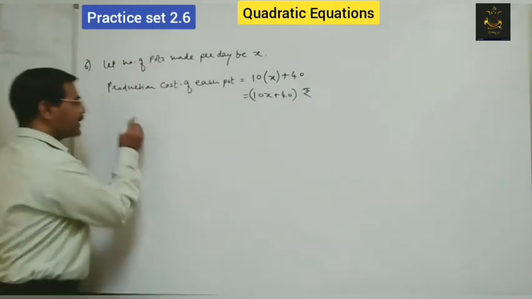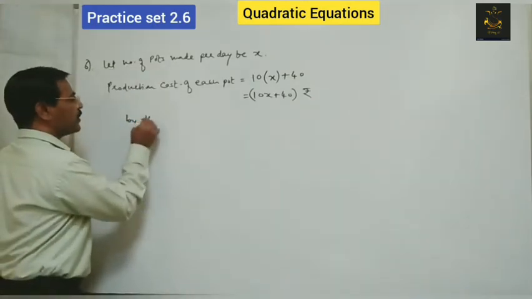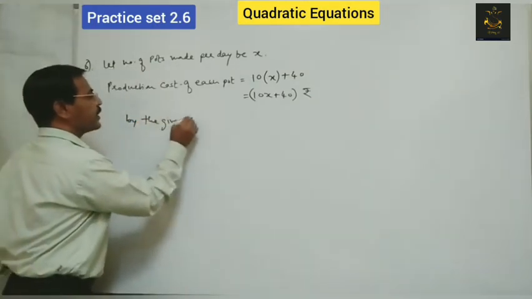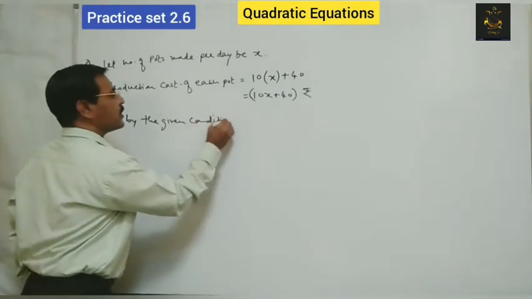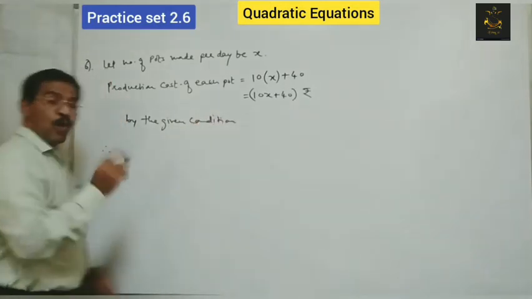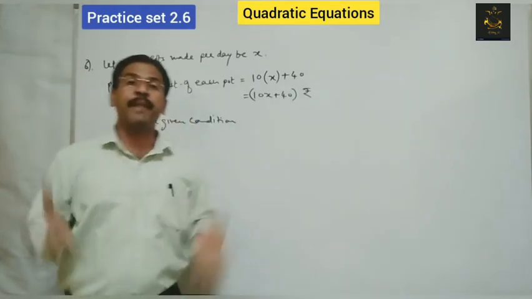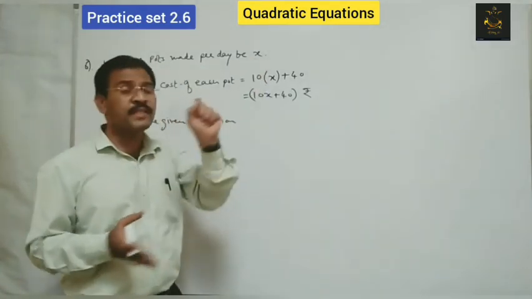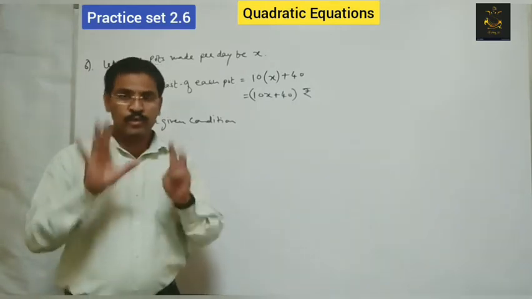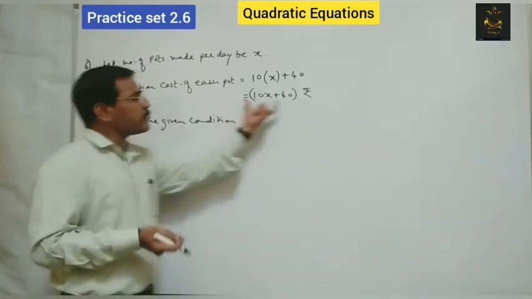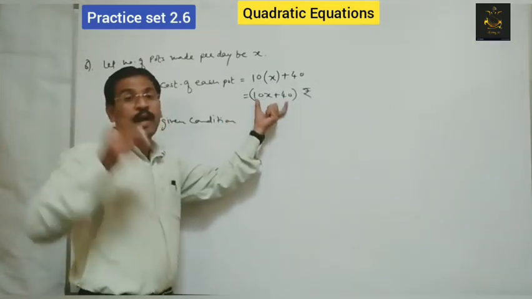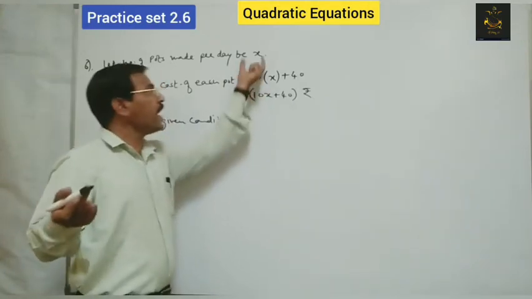So now, by the given condition, what is that condition? The total cost of all pots made daily is 600. So look here, each pot has this much amount, and how many pots were made? x pots.